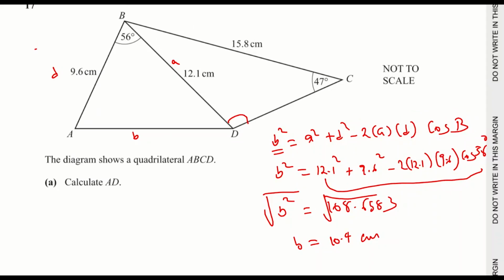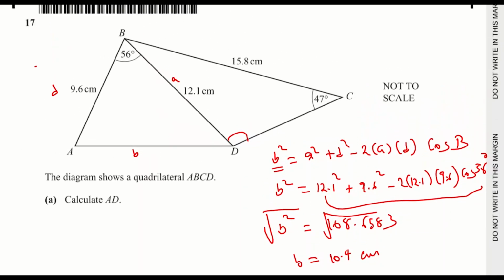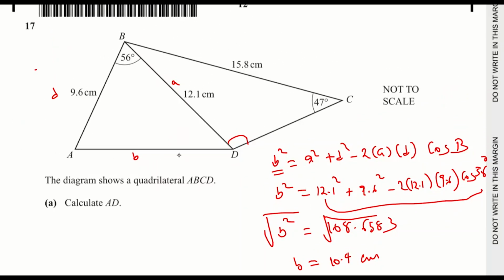The obtuse angle is the angle that is greater than 90 degrees but less than 180 degrees. So we can use the sine rule. Let's go back to this place. Since we want to find this angle, we can use the sine rule. This is the side and its corresponding angle. Similarly, we have this and its corresponding angle.